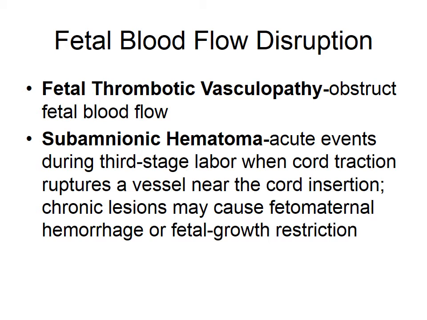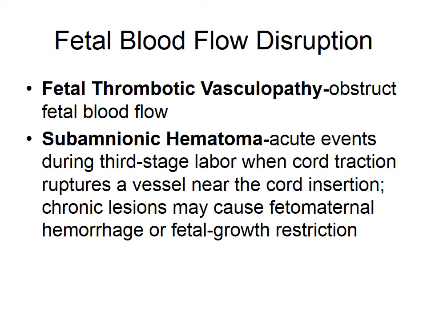Next, subamniotic hematoma. As I told you before, those hematomas lie between the placenta and amnion. They most often are acute events during the third stage of labor, when cord traction ruptures a vessel near the cord insertion. Chronic ones may cause fetomaternal hemorrhage or fetal growth restriction.